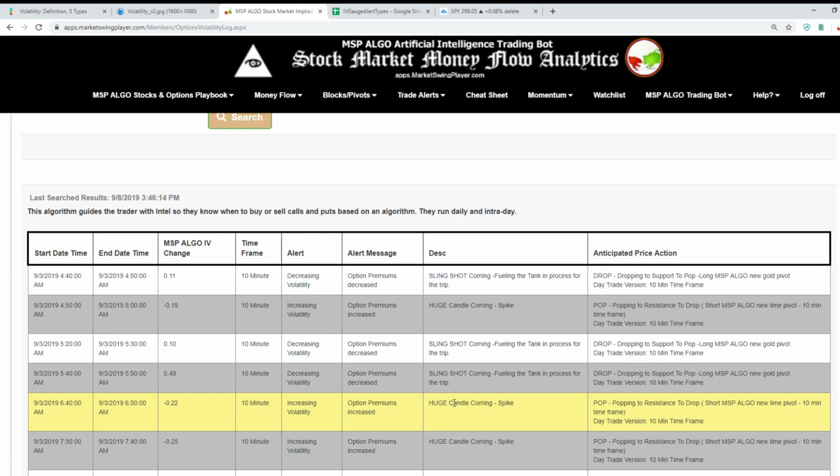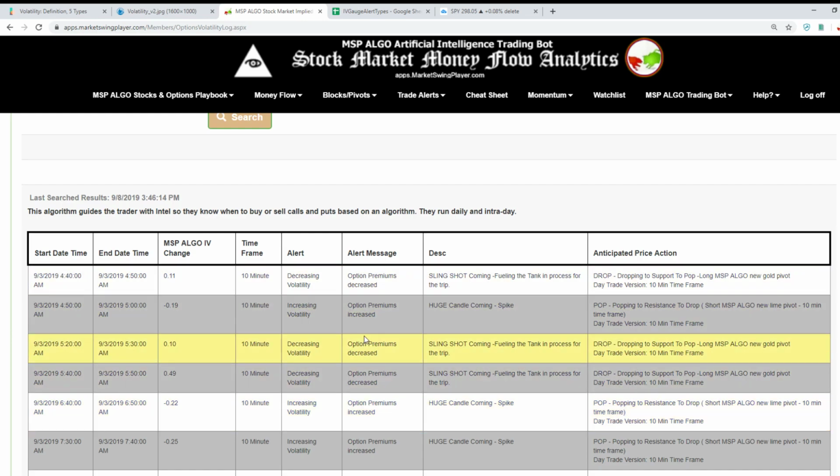What it is designed for is, if you are a swing trader, it's designed to let you know that if you are long, your long position may be in jeopardy. You may need to get out of that position.